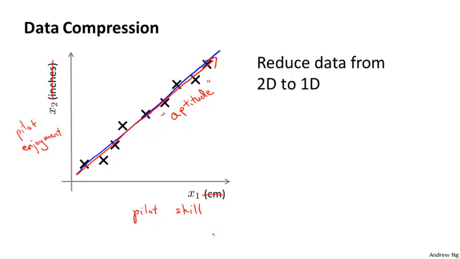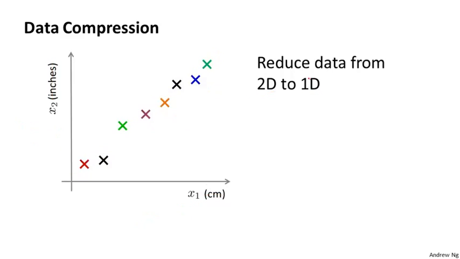So let me say a little bit more about what it really means to reduce the dimension of the data from two dimensions, that is from 2D, to one dimension, or 1D. Let me color in these examples slightly different colors. In this case, by reducing the dimension, what I mean is that I would like to find maybe this line, this direction on which most of the data seems to lie, and project all the data onto that line that I just drew.